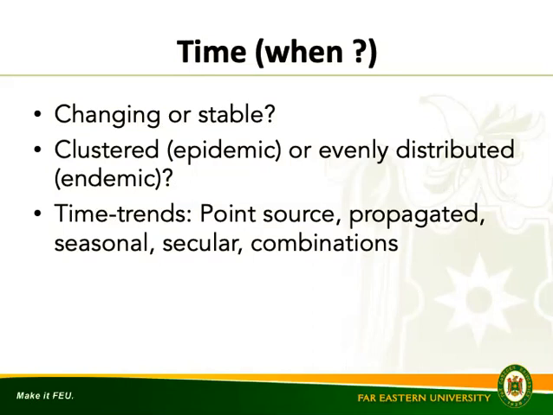Common source or point source epidemic is usually characterized by simultaneous exposure of a large number of susceptible to a common infectious agent, while a propagated epidemic is caused by a person-to-person transmission of disease agent. Okay?